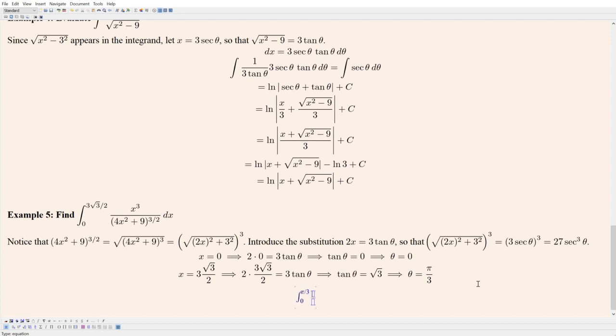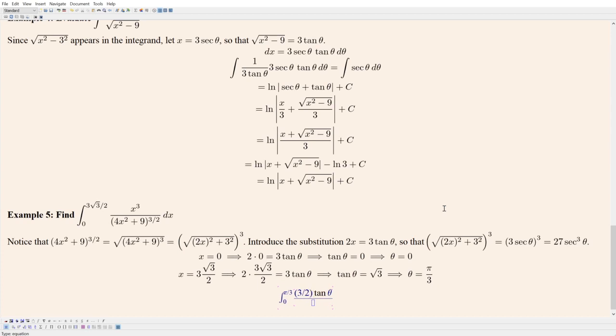Okay, so our new integral becomes the integral from 0 to pi over 3 of x cubed. Well, what was x? X is 3 tan theta over 2. How do I want to write this in a way which doesn't suck? 3/2 tan theta.